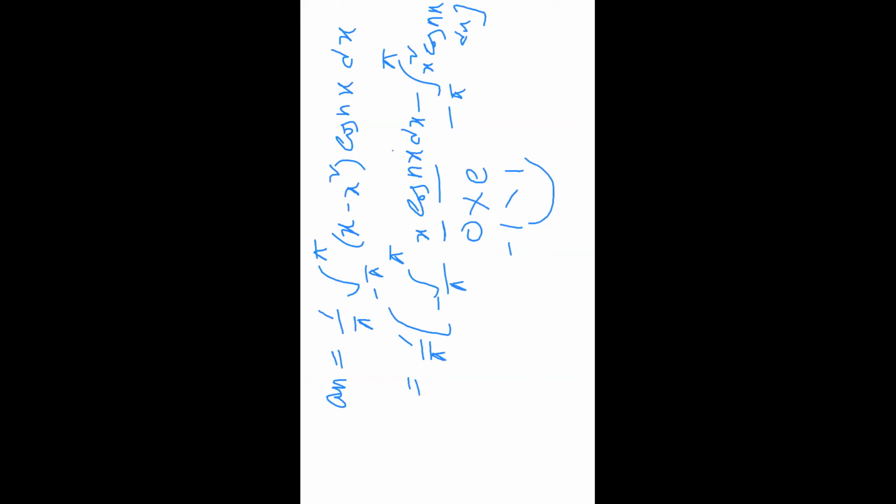So how to calculate it easily? First find out individually: x is odd function, cos is even. We take odd as minus and even as plus, minus into plus equals minus.